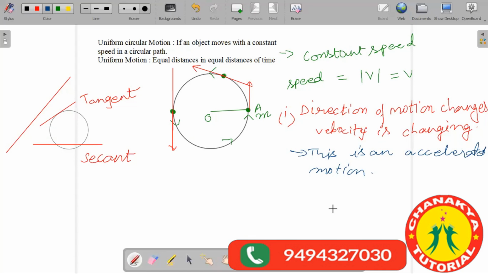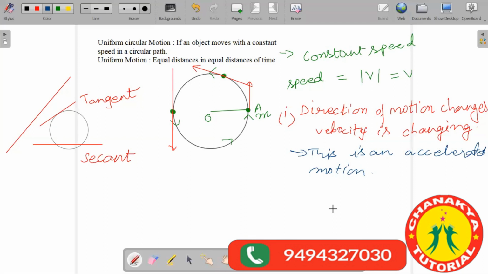And when an object moves in a straight line without changing its direction, its speed and velocity will be the same. This is an important point.